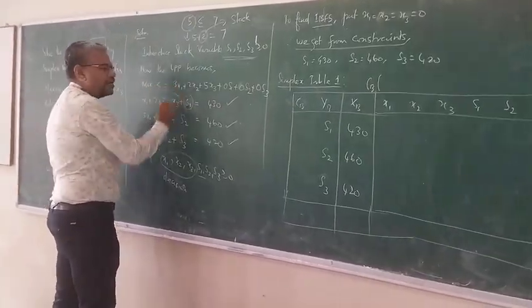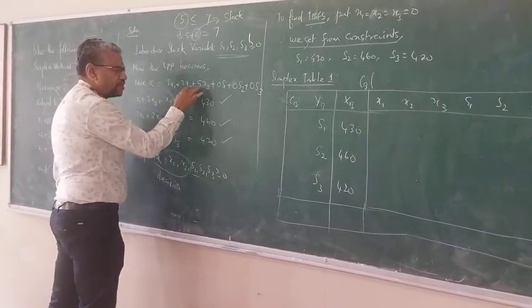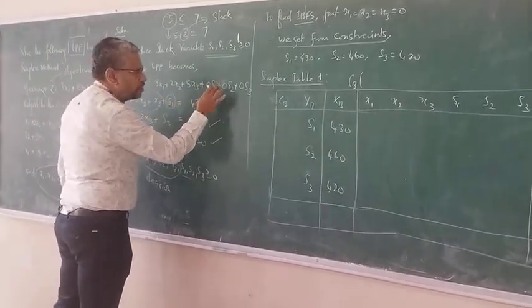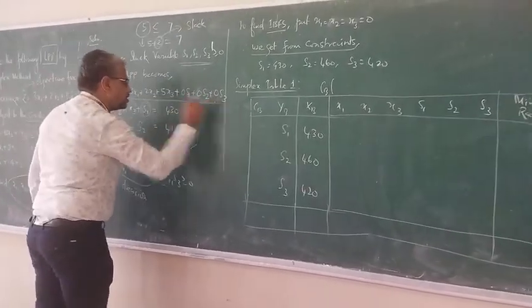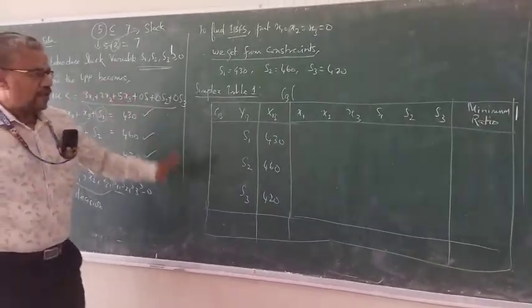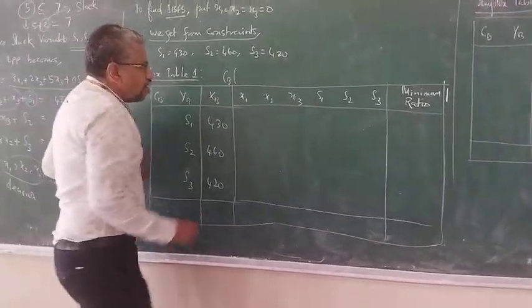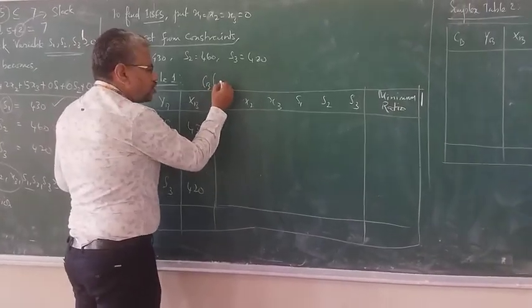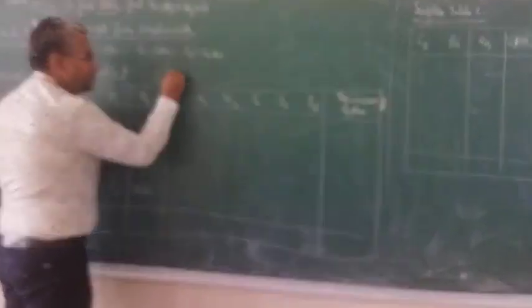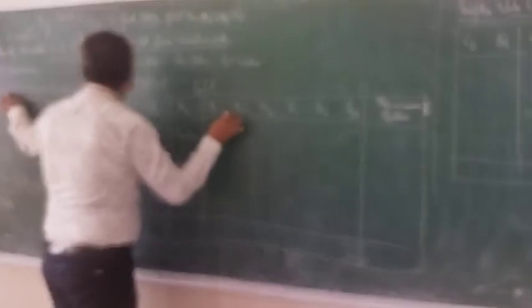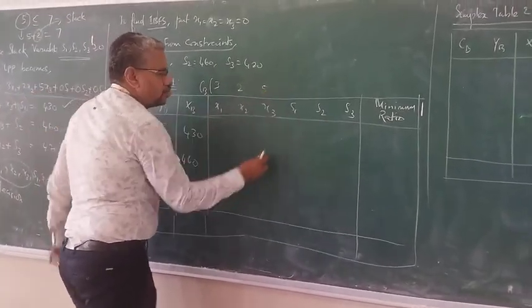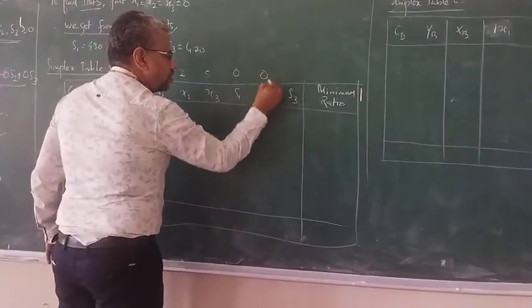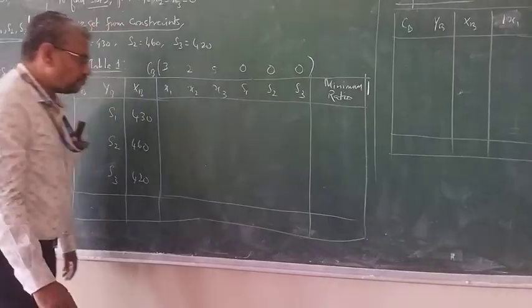So maximize z equal to 3x1 plus 2x2 plus 5x3 plus 0s1 plus 0s2 plus 0s3. The coefficients of the corresponding variables are called costs. So x1 cost is 3, x2 cost is 2, x3 cost is 5, and S1, S2, S3 costs are 0, 0, 0.